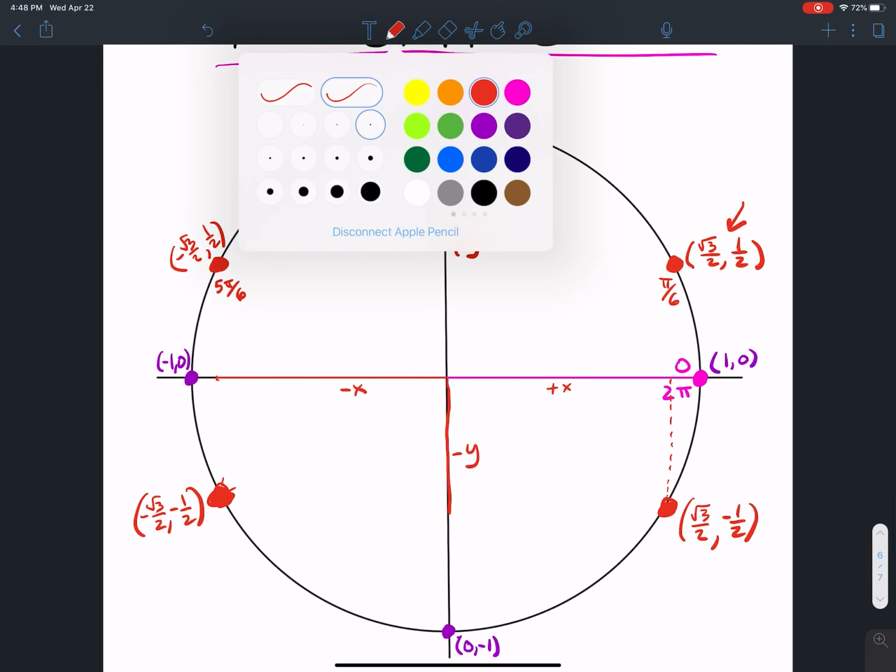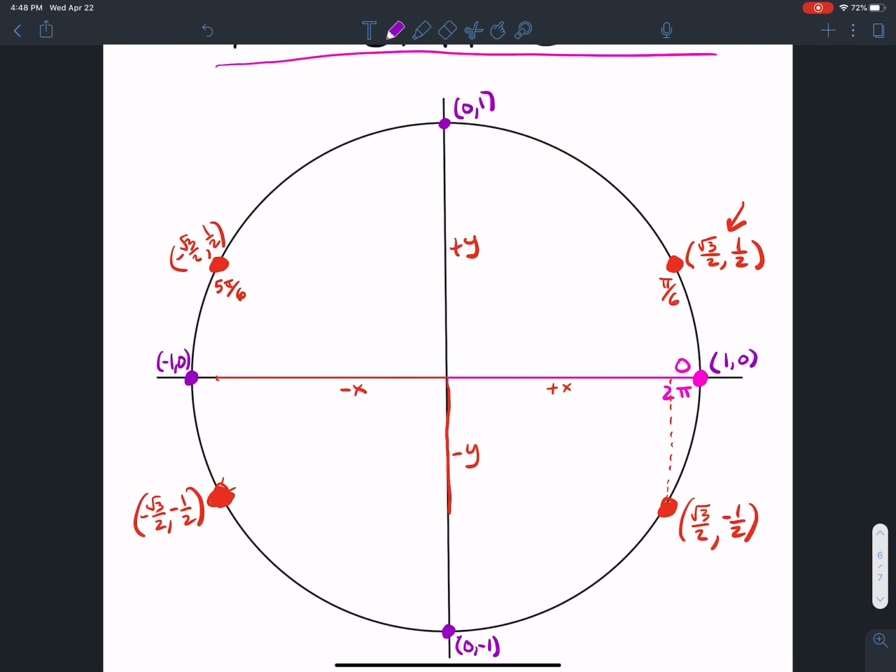Okay, so what's after pi over 6? This point right here, the 45-degree angle. We've talked about this one. This is where the x and the y are equal to each other.